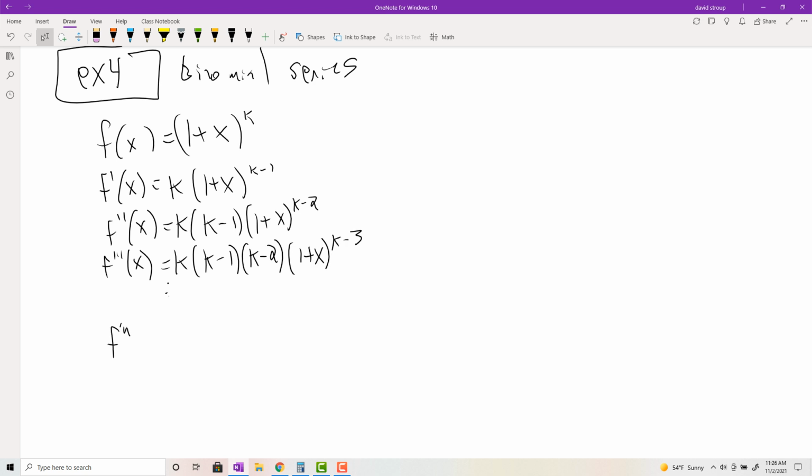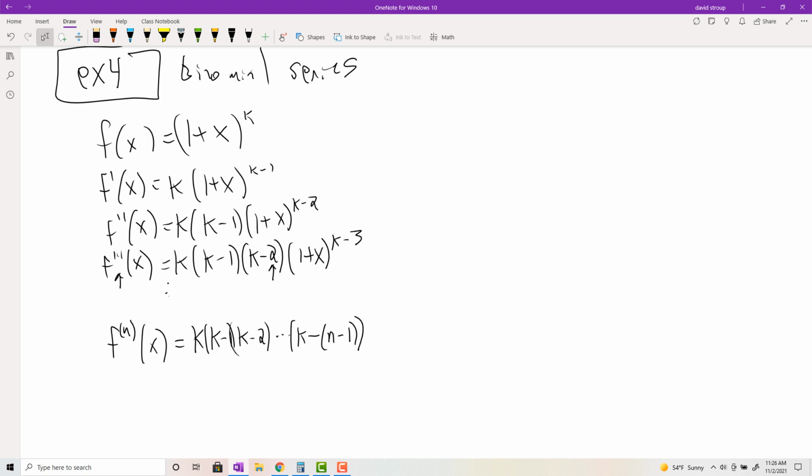And then the nth derivative. So you're starting at k, go k - 1, k - 2, all the way down to k minus a number with regards to the derivative. So it's just one less than the derivative, so it'll be k minus (whatever the derivative is, minus 1).